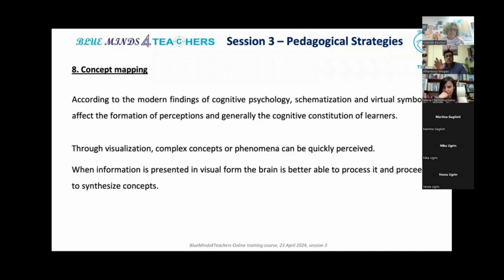Through visualization, complex concepts or phenomena can be perceived quicker. When information is presented in visual form, the brain is better able to process it and synthesize several concepts, either simple or difficult ones.